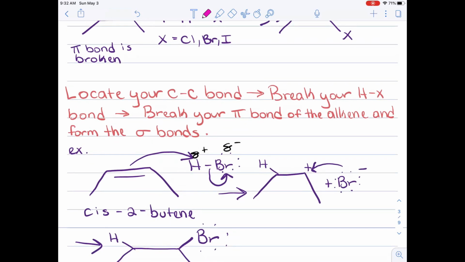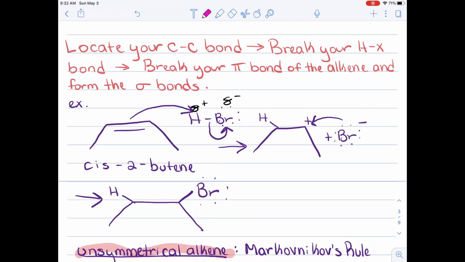So the first thing you're going to want to do is locate your carbon-to-carbon double bond. Just know that that double bond is going to want to take the hydrogen away, so you're going to break your hydrogen halide bond. These electrons will go back to bromine, or whichever halide that you have, and you're going to break your pi bond at that point and start forming your sigma bonds.